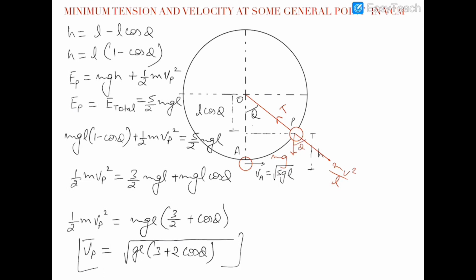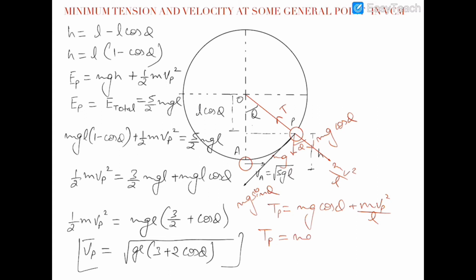So the component of mg will be mg cos theta as well, and this other component of mg will be mg sin theta. So T will be equal to mg cos theta plus m vp square by L, and vp, as we all know, is equal to under root gL(3 plus 2 cos theta).